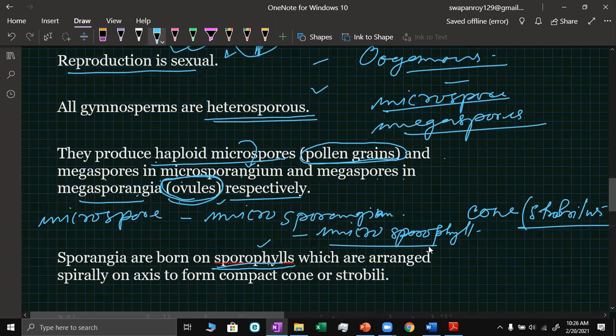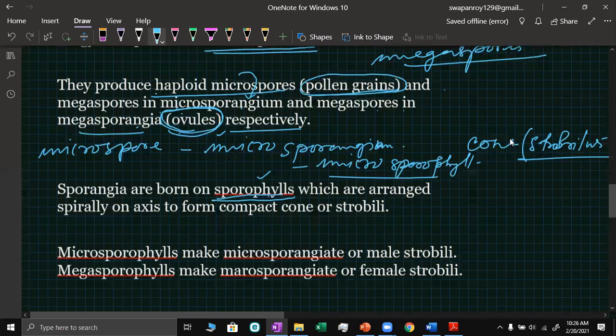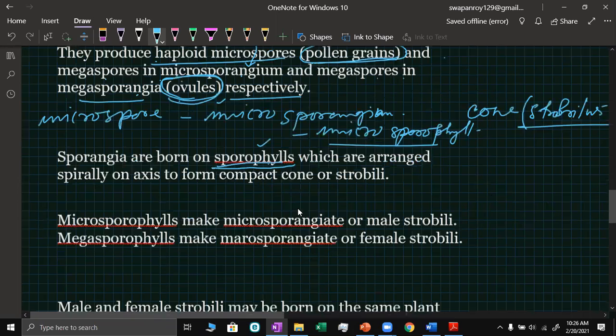These microsporophylls are organized into a strobilus, which we can call the male cone.